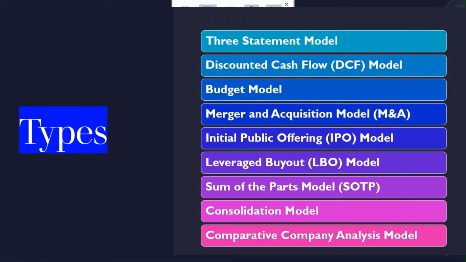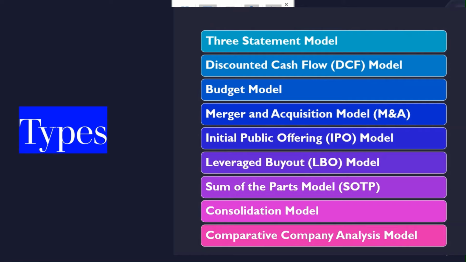And the other one is the sum of the parts model. The name itself suggests this. You can easily understand that when a company is a conglomerate having different segments or different business groups, what we do is we do a separate financial model for each part, and then we calculate the sum of the parts, the sum of all the segments, and that's why the name sum of the parts model is derived.